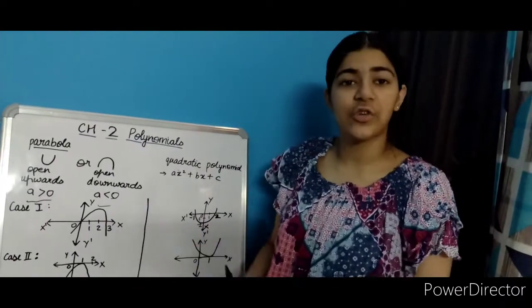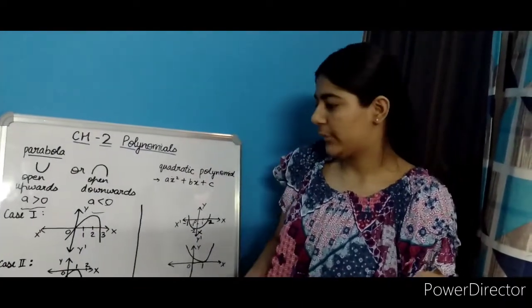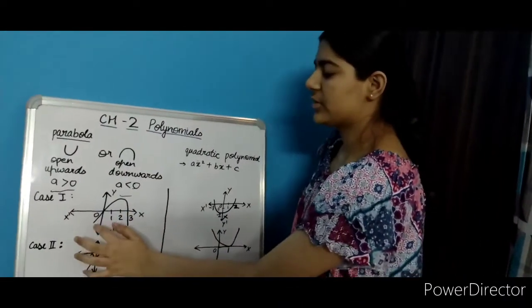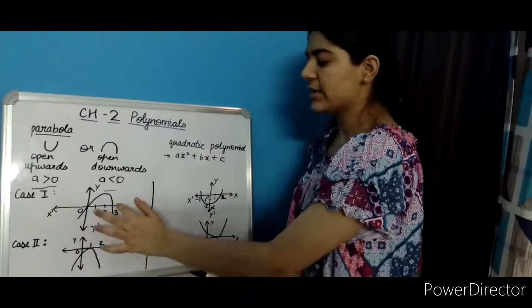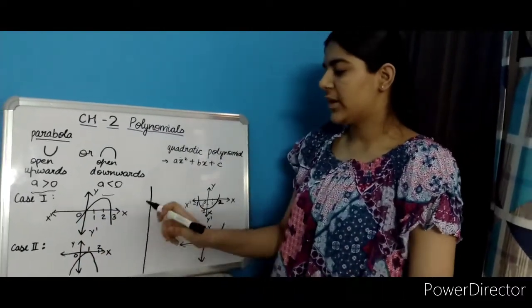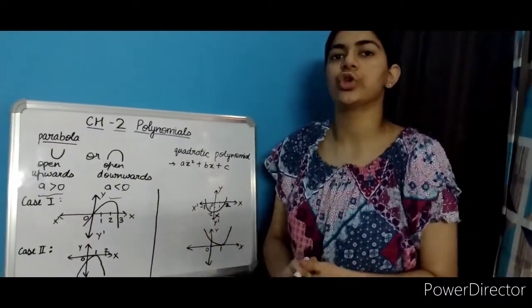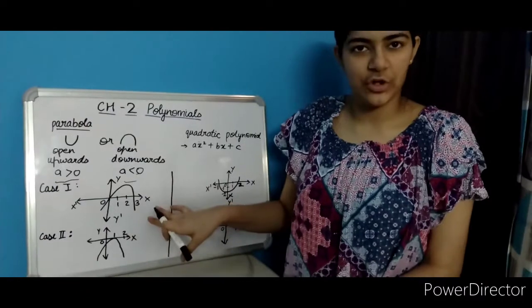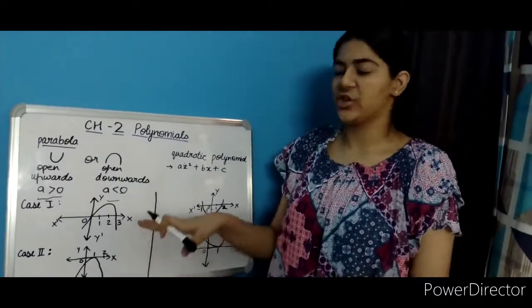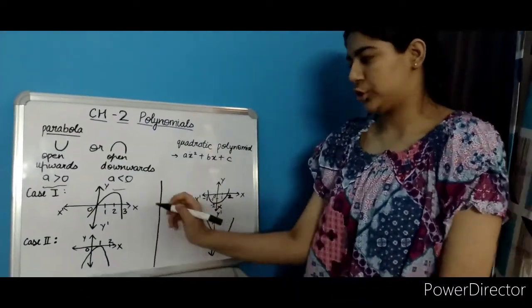So the number of zeros are 2. And it intersects at 0 and 3. So if you are asked in the board examination also what are the number of zeros in this graph and this polynomial, you'll say 2 zeros.